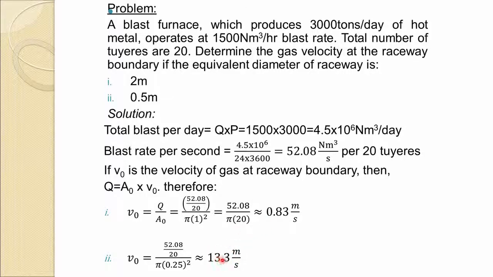This high velocity can create a very big problem in the blast furnace. It is crossing the fluidization velocity of the coke and coming near to the elutriation velocity of the coke. So, that will give not a smooth operation in the blast furnace, and certainly the Reynolds number would be very high in this case.